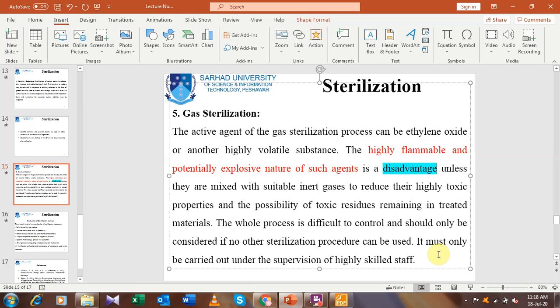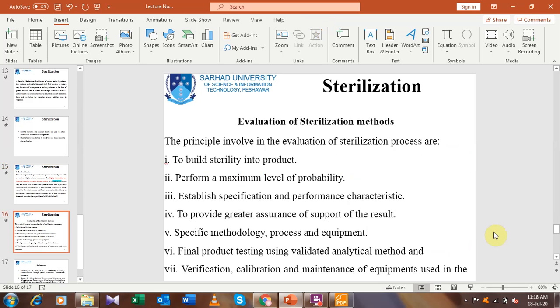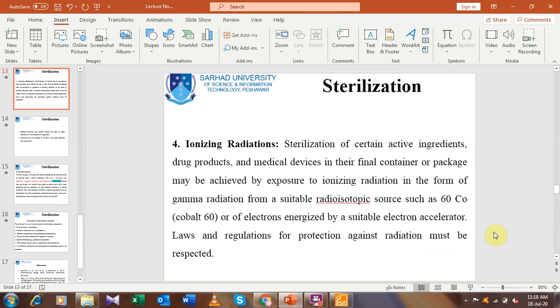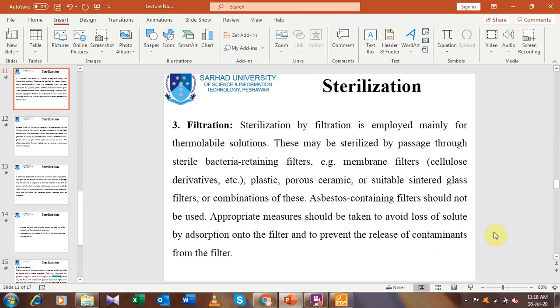It must only be carried out under the supervision of highly skilled staff in order to get optimized sterilization and minimize the chances of errors. These are the different methods of sterilization that I have told you about.